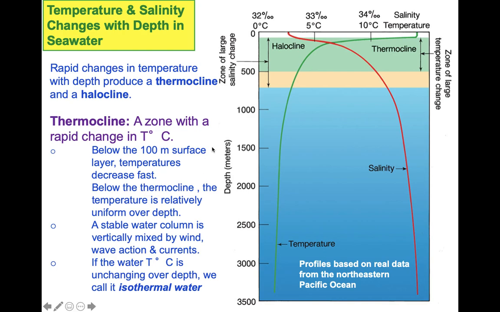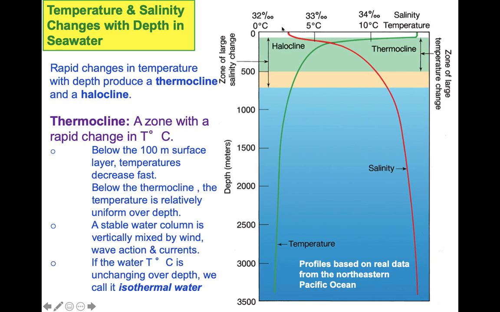So now we're going to look at the temperature and salinity changes with depth in seawater. And we're looking at, on this diagram, two parameters, two controlling factors. One is the salt content, and the other one is the temperature of seawater.